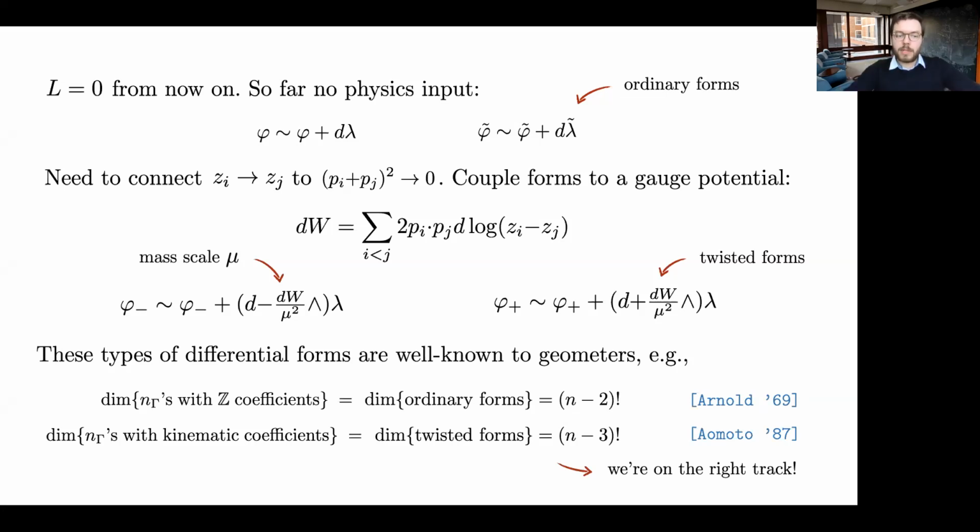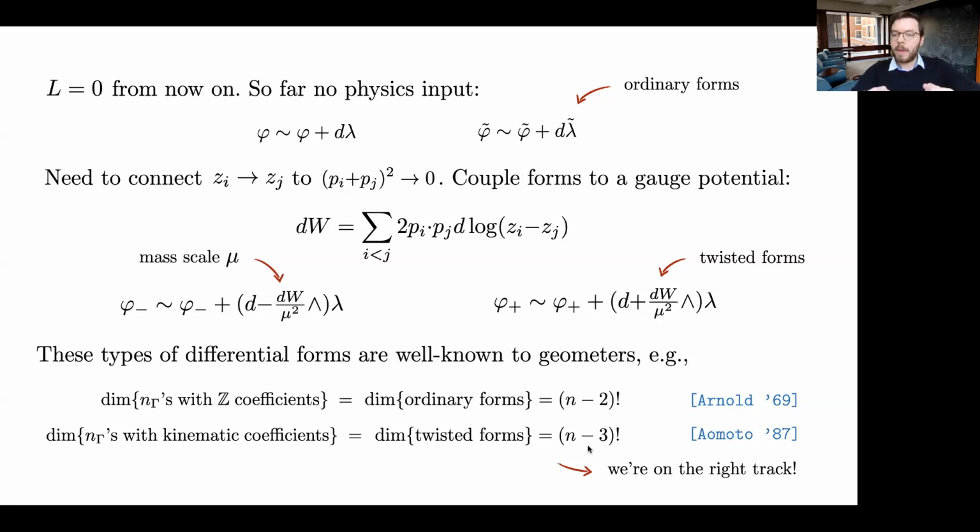One interesting thing is that these types of differential forms are well known to geometers, and that allows us to take some questions that we might be interested in physics and translate them to geometric questions, which in this case turn out to have known answers from a long time ago. And moreover, those answers precisely match with what we expect from physics, what we know and love, these two numbers.